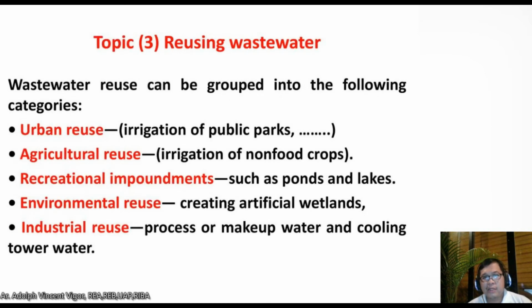Okay, so wastewater reuse can be grouped into the following categories, guys. The first is urban reuse for irrigation of public parks. Next is agricultural reuse, so irrigation of non-food crops. Then we have recreational impoundments such as ponds and lakes.